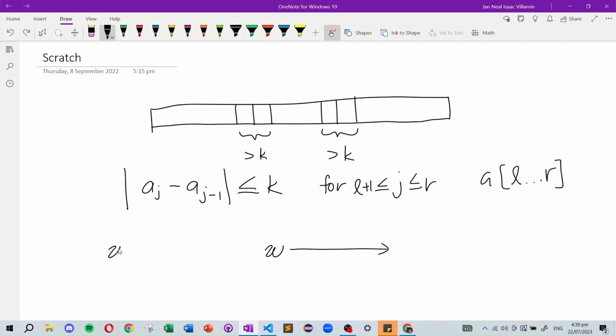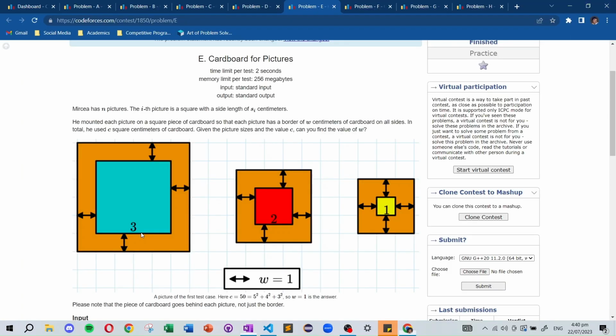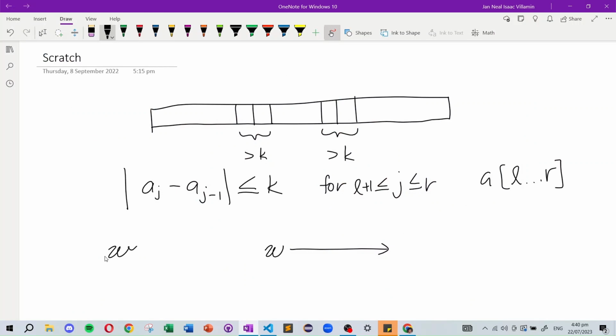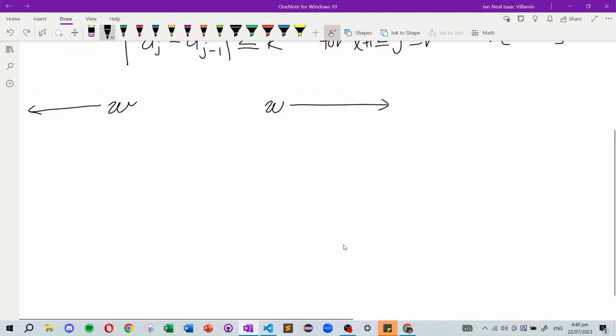Similarly, if we consider a W and the total cardboard computed is less than C, then all of the W's that are less than this W will not work.